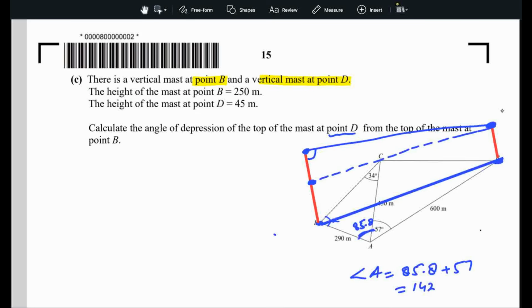We can easily find this length. This length is 45 and overall the length is 250, which means this length will be 205. Now let's say this point is M, this point is N, this point is O.